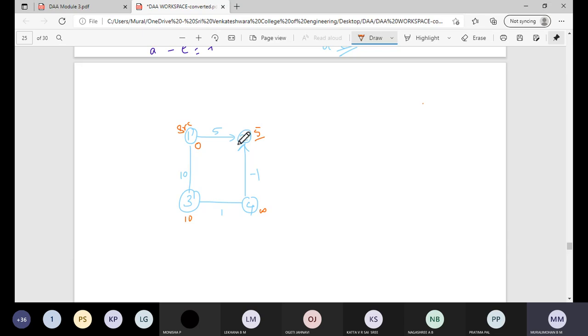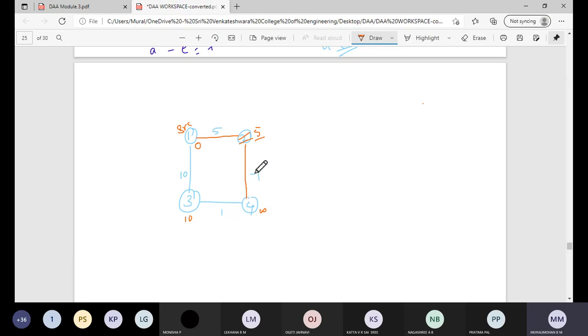Okay, I will select 2. So 2 is selected, right? Now, here there is no direction, so let us take an undirected graph only.